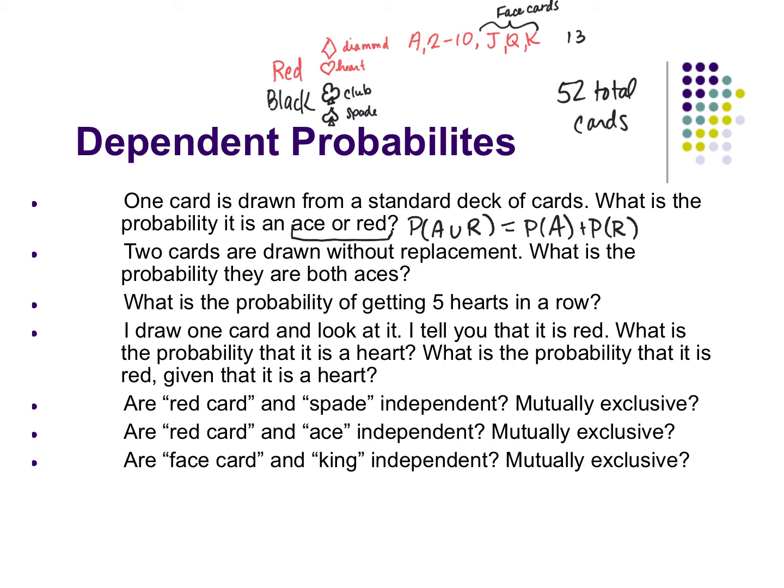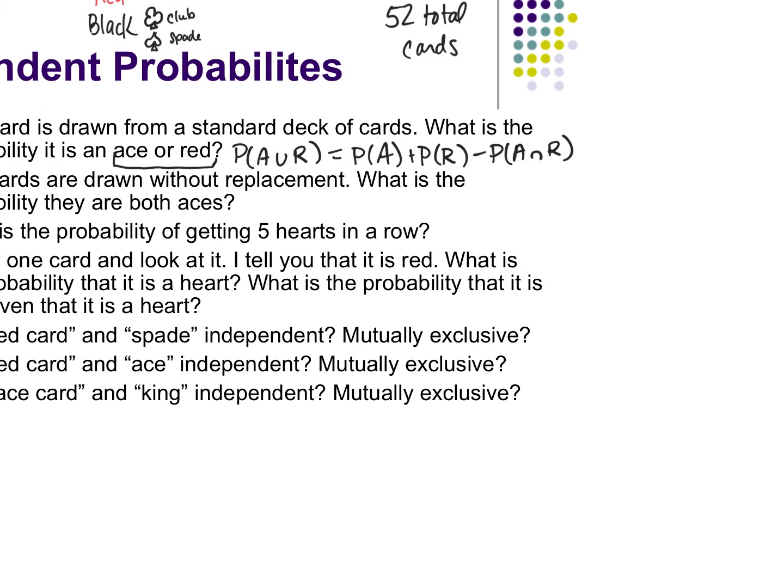The red aces, right? So I have to subtract off the probability that a card is an ace and a red, because in that probability of aces, how many are there? There's 4 aces out of 52. How many red cards are there? 26 out of 52.